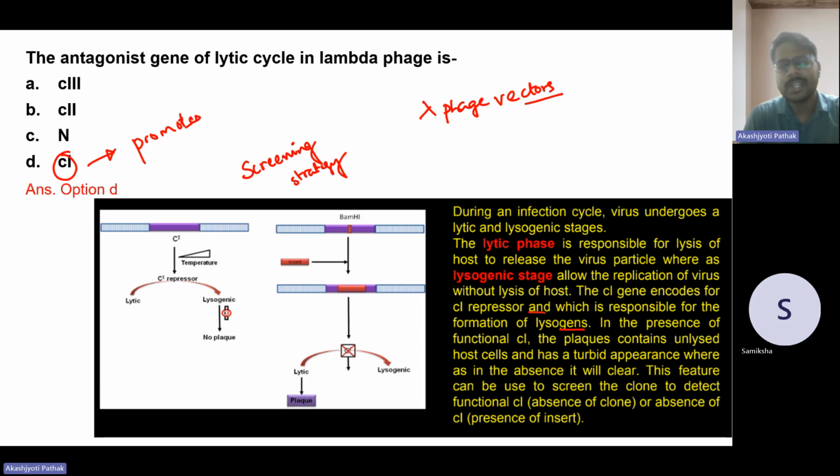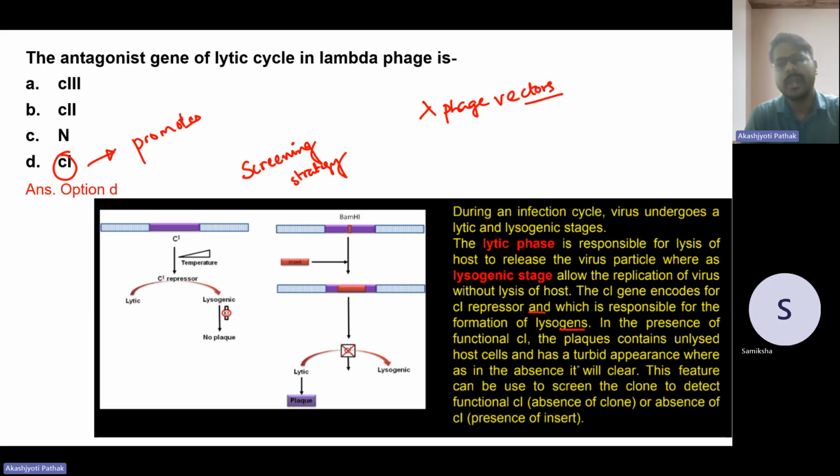So the bacteria will be able to grow, and you can see turbidity in the culture. While if the bacterial cells are not able to grow, then the culture will appear transparent, because the virus is lysing the bacteria. Once the bacterial cells are lysed, you will have a clear solution.